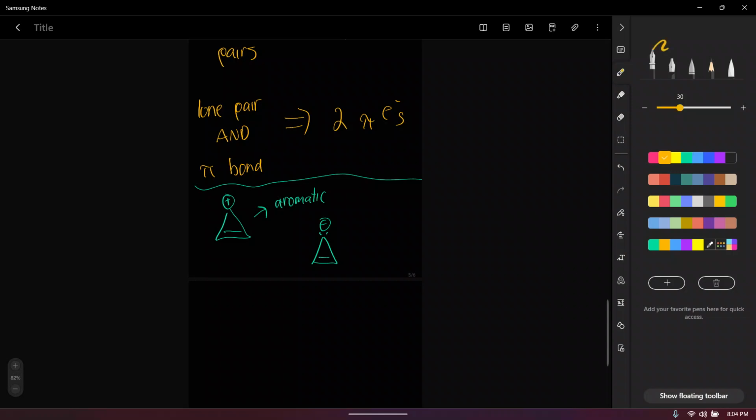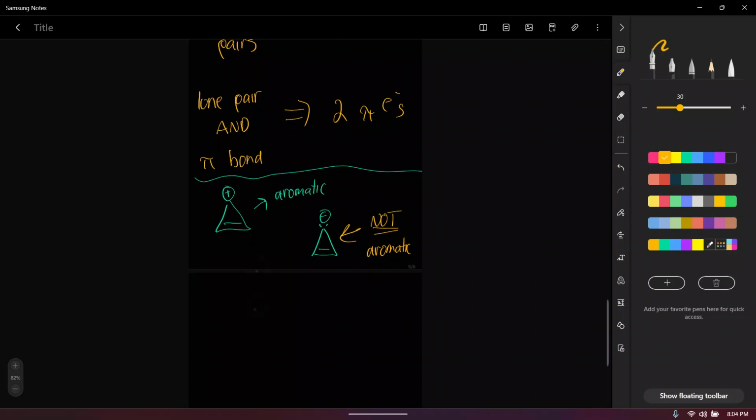Alright, and this has a special name. I haven't taught that to you yet. If you guys have hopefully read the book, you'll know what that is. But this thing is not aromatic. Okay, and it's not aromatic because it is cyclic, and every single atom is sp2 hybridized, but it doesn't have 4n plus 2 pi electrons.